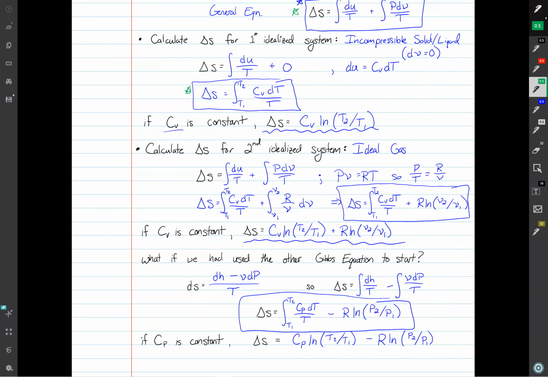And then we have really like 4 equations there for different types of ideal gases, ideal gases or ideal gases with constant heat capacities. So lots of equations, kind of tricky to keep track of which one is which, but hopefully this helps you keep them straight. And we're going to be able to use these to calculate changes in entropy for different systems.